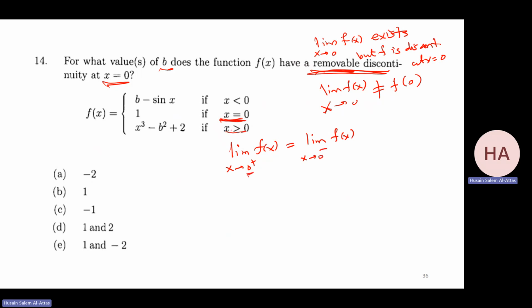That means what? From the right, I am here. Substitute, you have 1 minus b plus 2. From the left, I'm here, so it will be b minus sine 0, which is b.